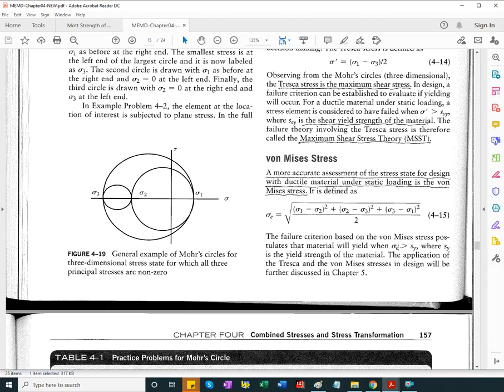Of course, everything is probabilistic. The yield strength is not a strict value. For a given steel grade, it depends on the batch and how it was individually treated. But in general, if we have an equal sign, then failure is impending.